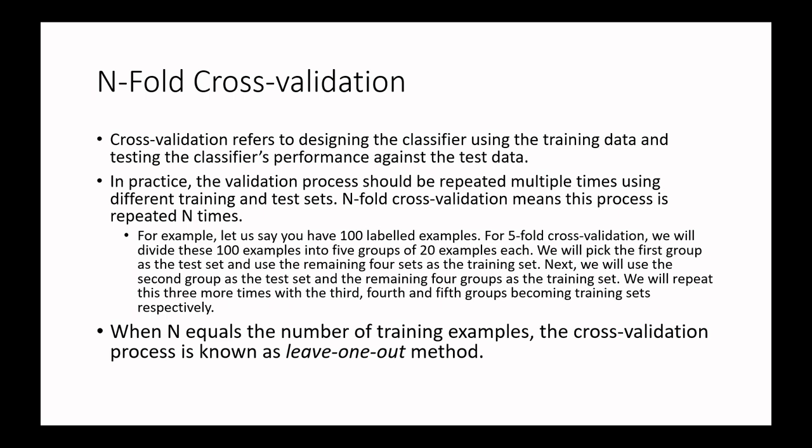Typically, people will take one example as a test and the remaining examples as training examples, and repeat this process 50 times. That is what we call the leave-one-out method. Leave-one-out is an extreme case of cross-validation, but in general, we talk of n-fold cross-validation.